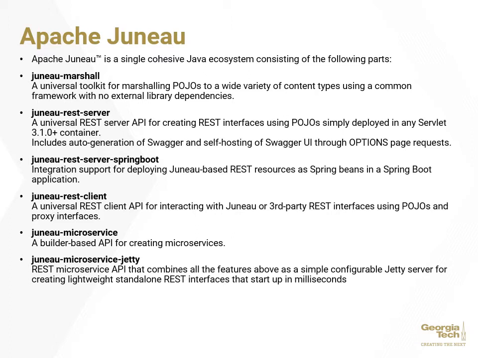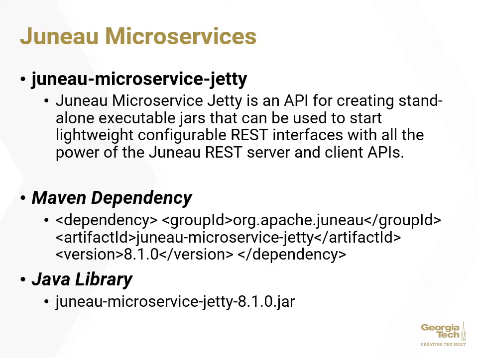This includes a REST microservice API that combines all the features above as a simple configurable Jetty server for creating lightweight standalone REST interfaces that start up in milliseconds. The Juneau microservice Jetty is an API for creating standalone executable jars that can be used to start lightweight configurable REST interfaces with all the power of the Juneau REST server and client APIs.